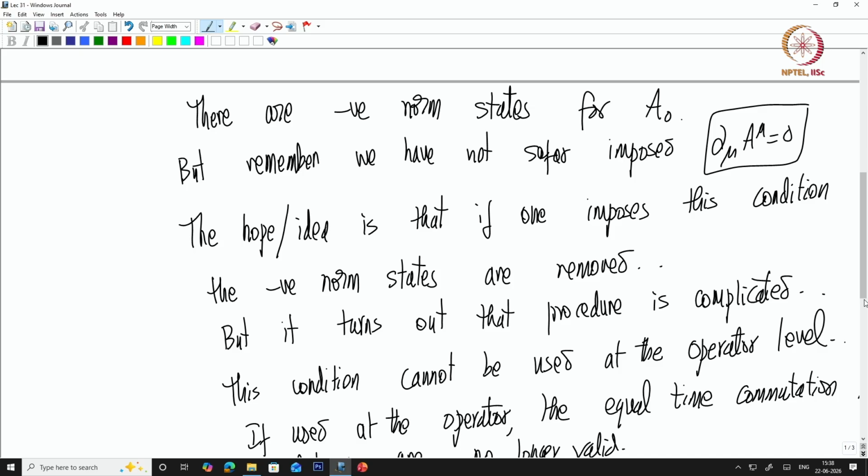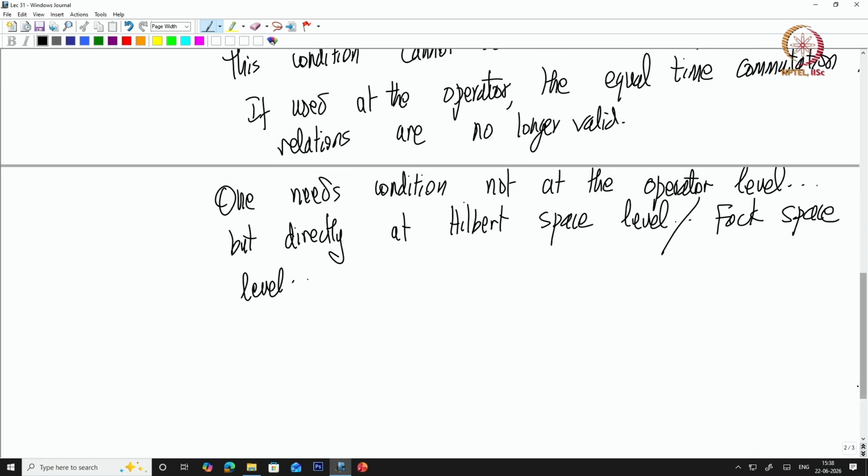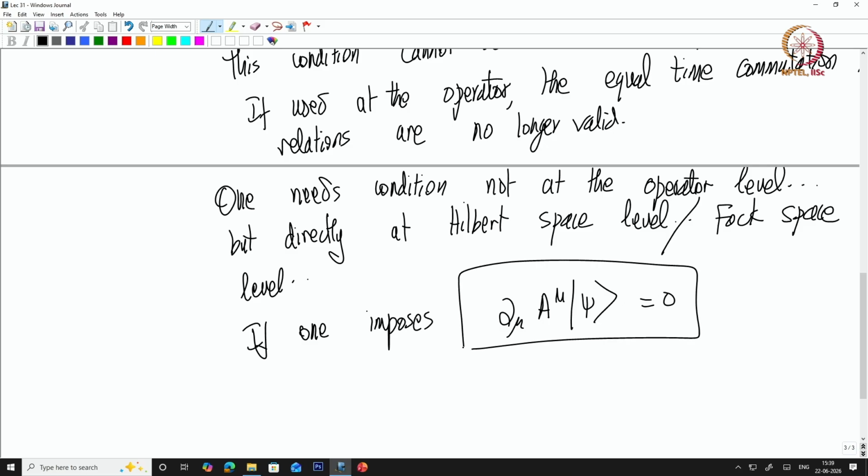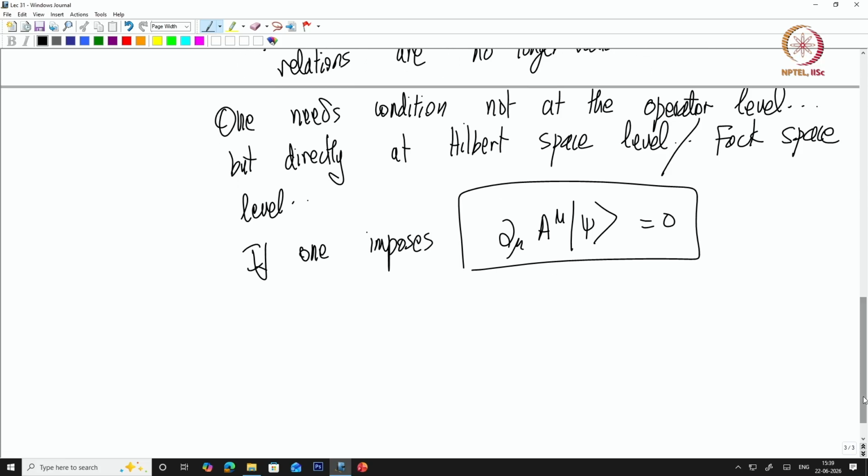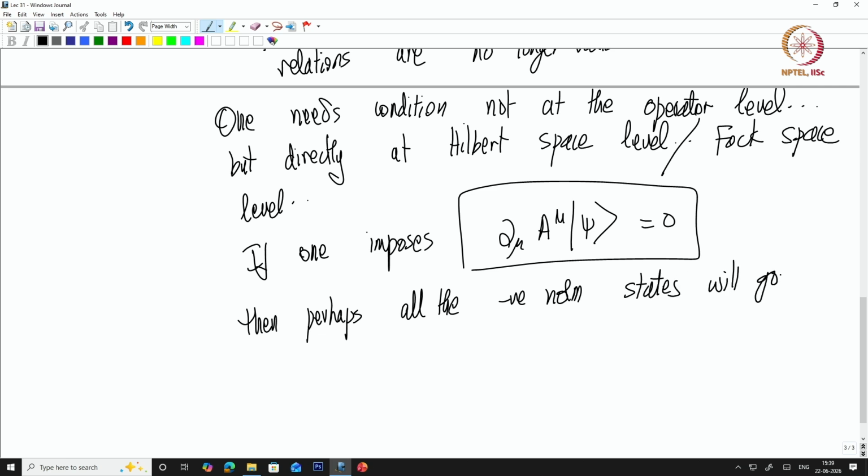If one imposes del mu A mu directly on states like this, then perhaps all the negative norm states will go away.